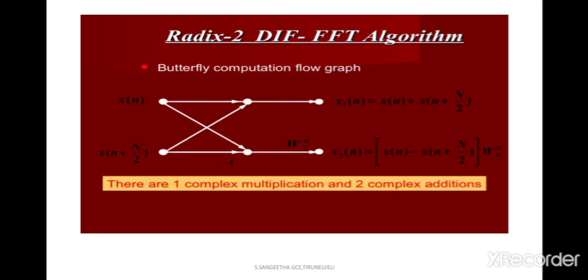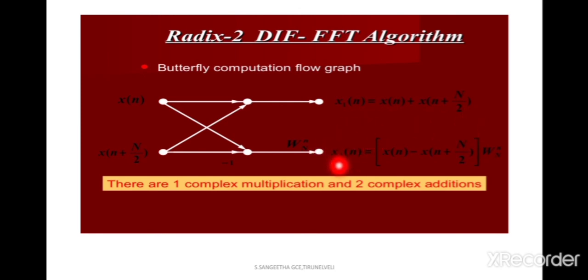So for the butterfly computation flow graph, the value of x of n will be computed in the butterfly computation flow diagram. Here we have x of n, and here we have x of n plus N/2. The two values get added, and we have x1 of n equal to x of n plus x of n plus N/2.